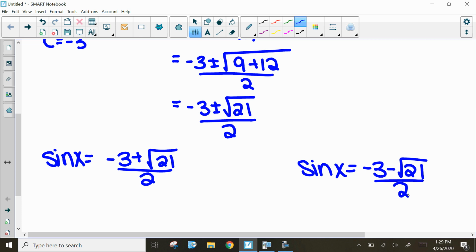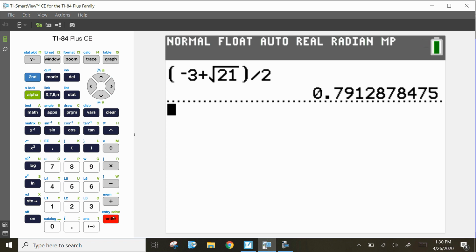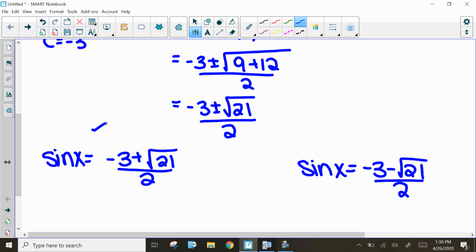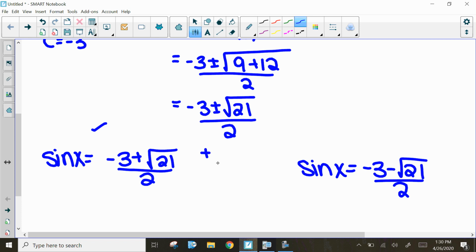So the first thing I'm going to do is see if this value, negative 3 plus root 21 over 2, is in that domain. Okay, it's in my domain. Great. So this works. It's in the domain. And the calculator shows me that it's a positive value.